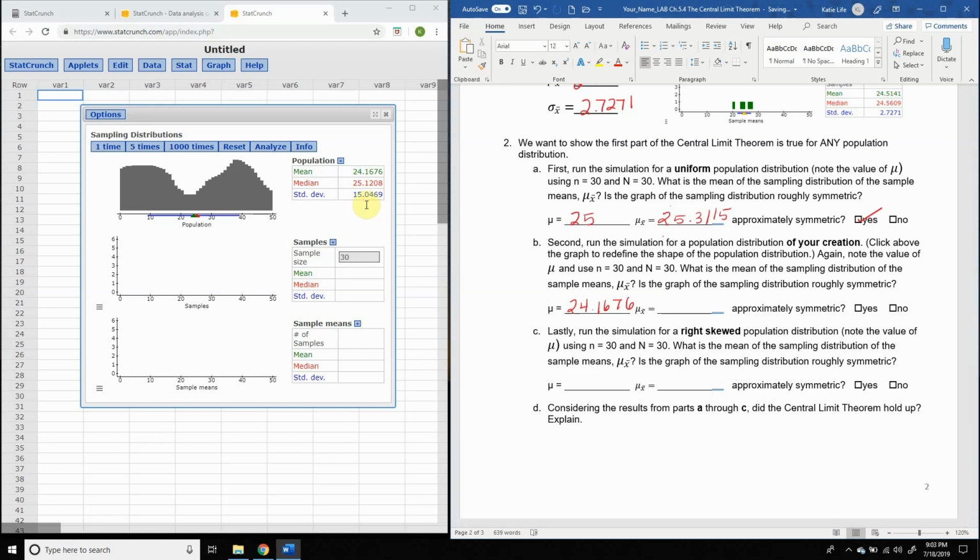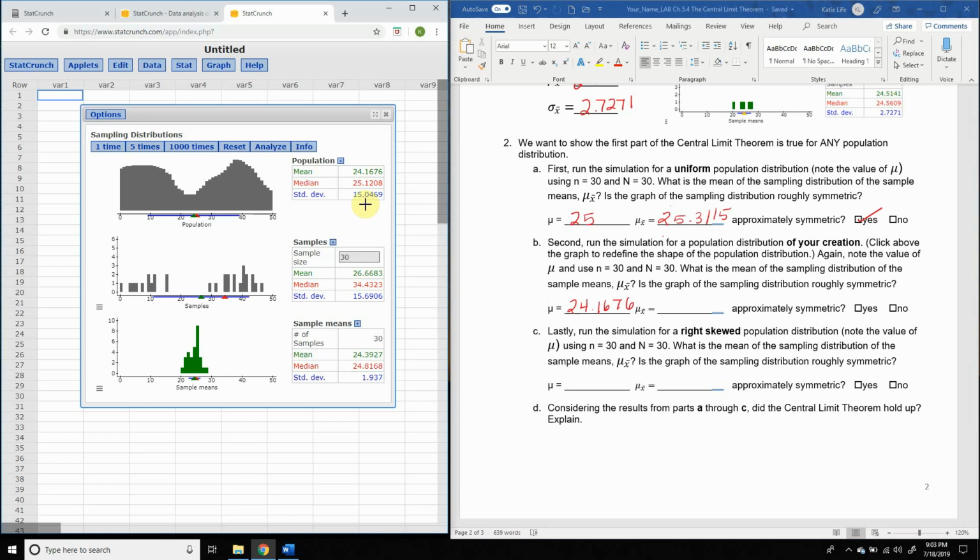So we're same sample size here of 30. We want to take 30 samples of that size. So 1, 2, 3, 4, 5, 6. So I've got 30 samples here. Each have a sample size of 30. Looking at the graph, it's got a rough symmetric shape to it.